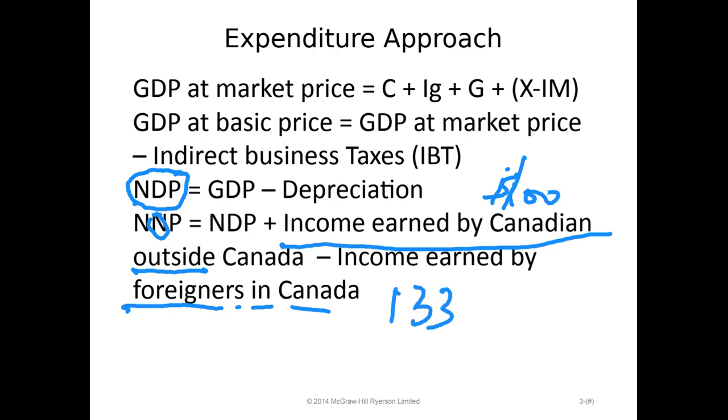So basically, Canadians working abroad are earning less than what foreigners are earning in Canada. That is why we have minus 33, because 100 minus 133 is minus 33. So a negative net foreign factor income means foreigners are earning more than Canadians working outside Canada. Okay.